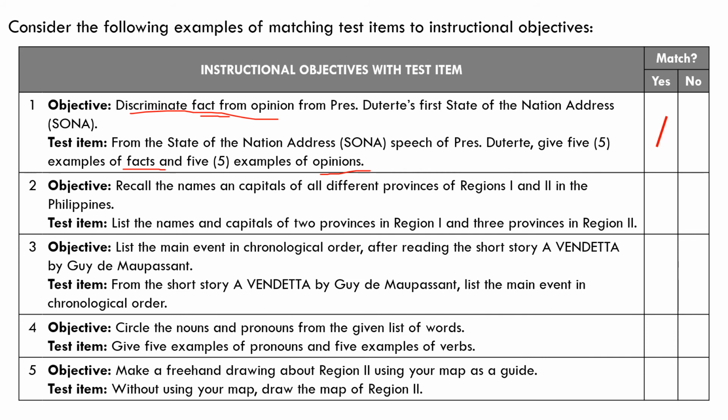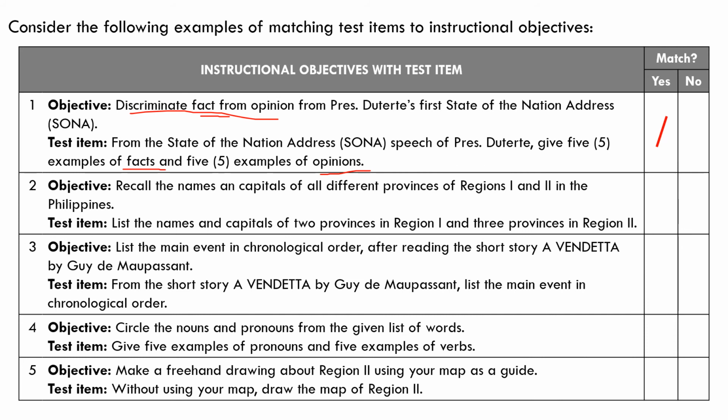Number 2, objective: recall the names and capitals of all different provinces of regions 1 and 2 in the Philippines. And then the test item: list the names and capitals of 2 provinces in region 1 and 3 provinces in region 2.